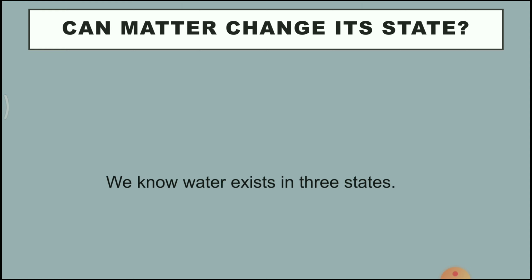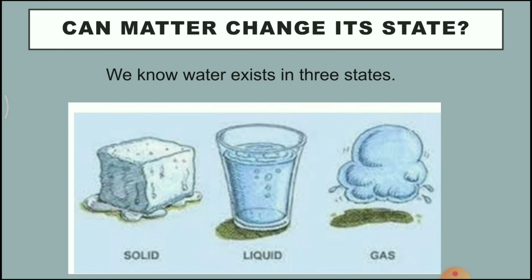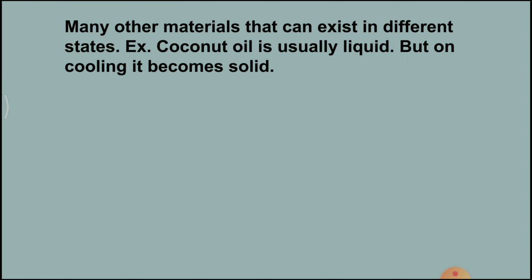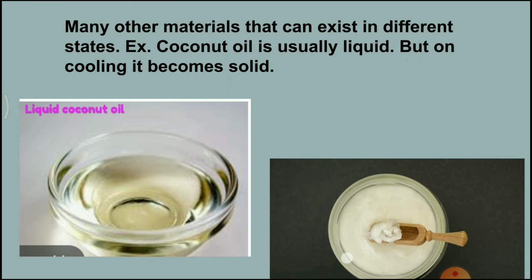Let us see. We know water exists in 3 states, that is, solid state ice cubes, liquid state water, and gaseous state. Many other materials can exist in different states. Example, coconut oil is usually liquid, but on cooling it becomes solid.